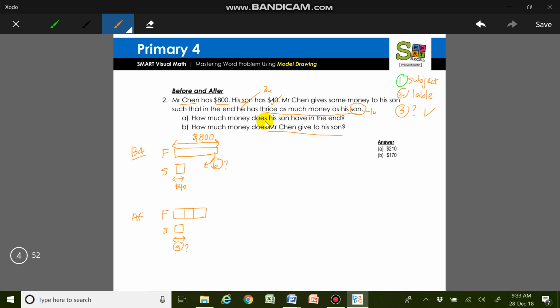The before total and the after total remain the same. That's key number one that your child needs to know.